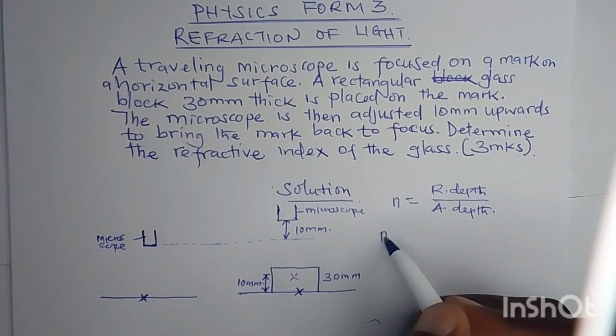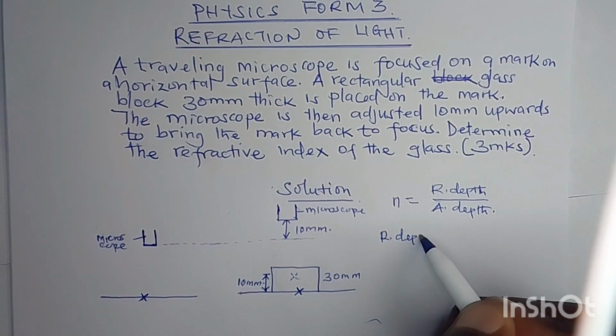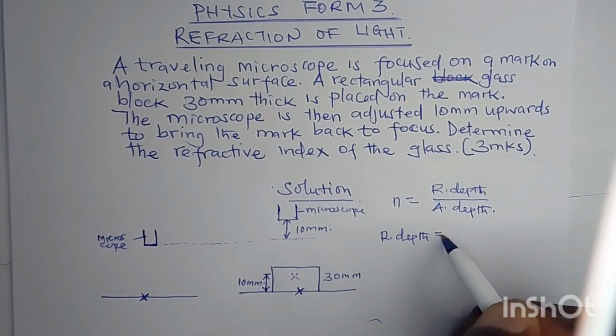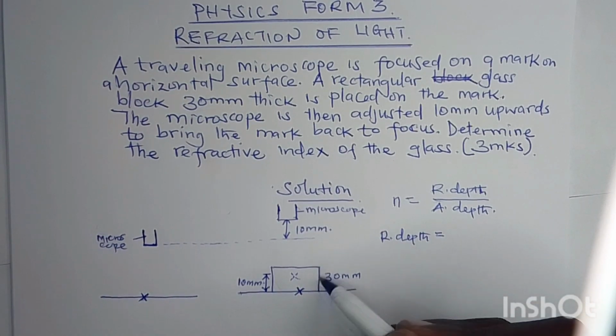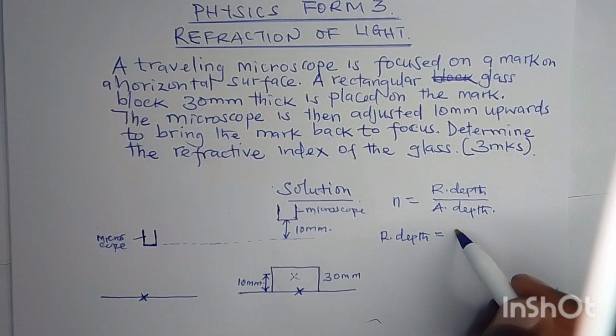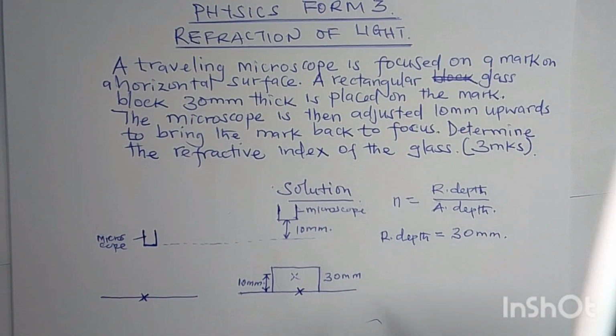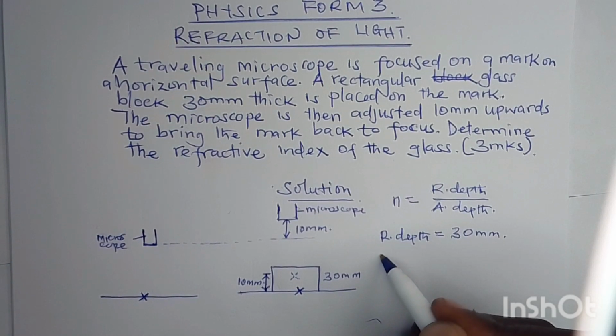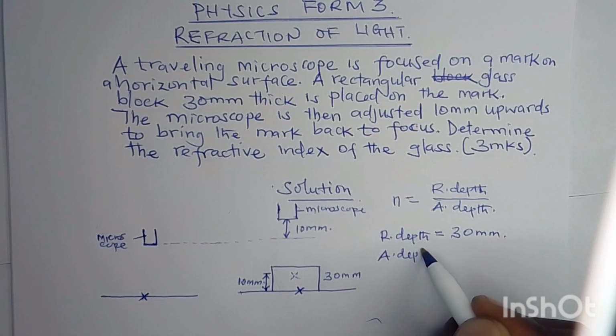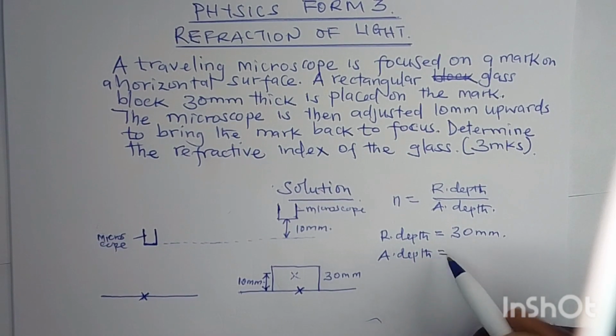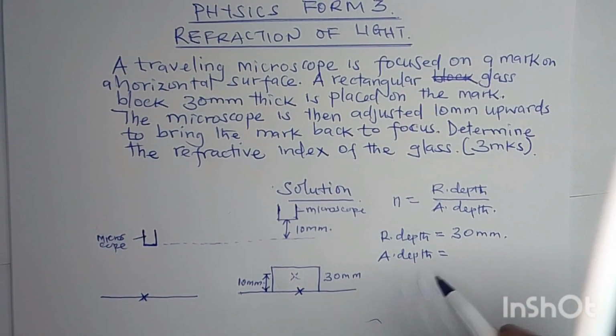So our real depth is the same as the thickness of the glass block. So we'll have 30 millimeters. The apparent depth can be gotten by the formula.